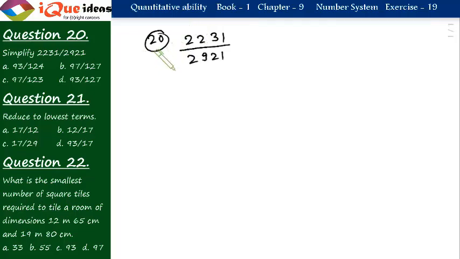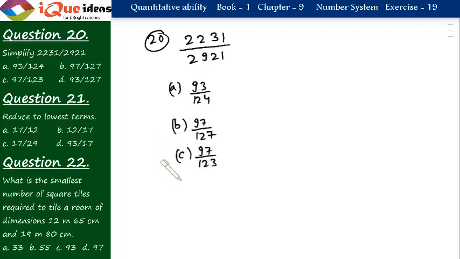Alright. So let's take up the options one by one. A is 93 upon 124. B option is 97 upon 127. C option is 97 upon 123. And D option is 93 upon 127.